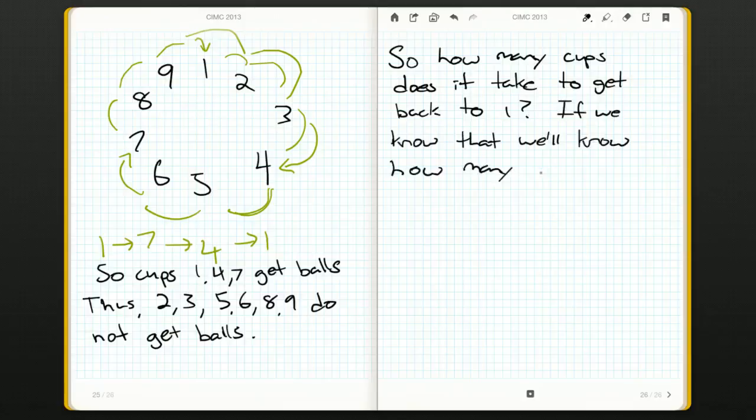So how many balls does it take to get back to 1? So after putting a ball in cup number 1, how many more do we need until the second one goes into 1? You can try and see or convince yourself, or maybe you can come up with your own proof.